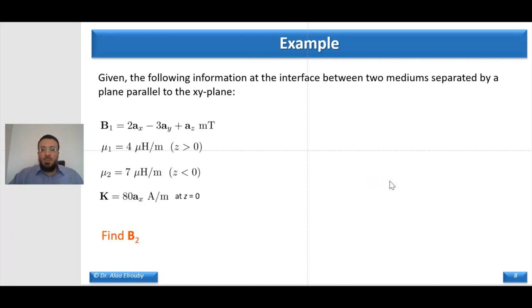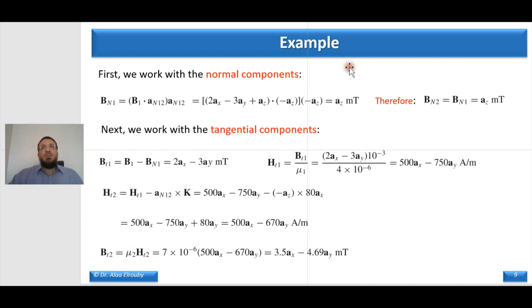Okay, hope that you solved this example yourself, and now let us see how we will solve this. We'll work first with the normal component. As I said, the normal component is the component in the z direction.